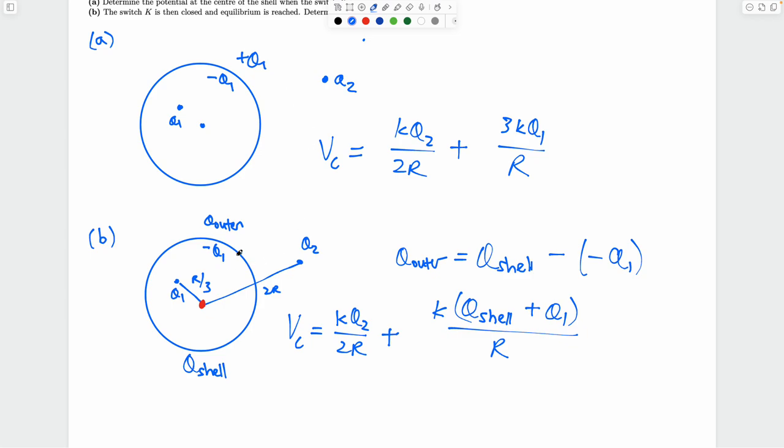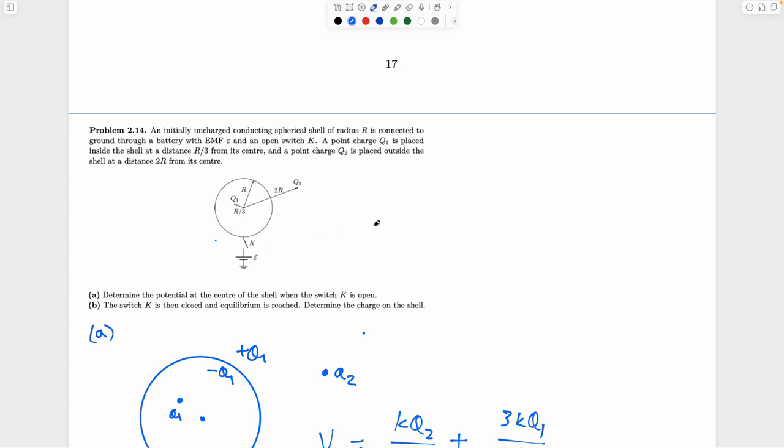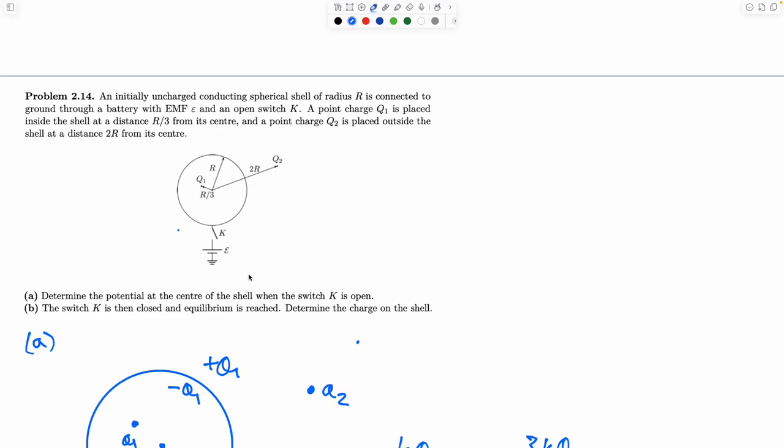I don't get why. Why is Q outer not just Q1? Oh, because in this case, it's not neutral anymore. You connected the switch, correct? So extra charge can flow in.